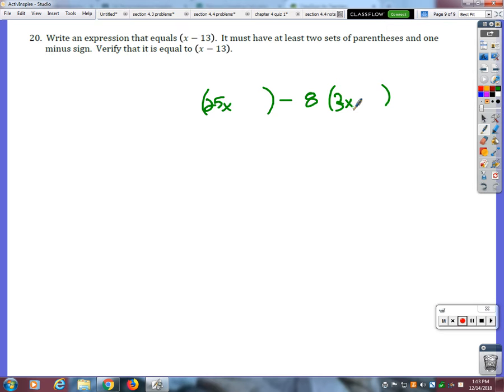Okay, throw a number in here. 7, plus or minus? Minus, right? So if this is a minus 7, then when I distribute that, that would make a positive 56. What does this have to be so that when I combine it with a positive 56, I get a negative 13? 43, yeah.